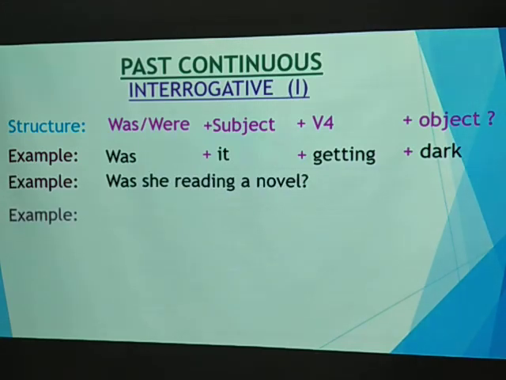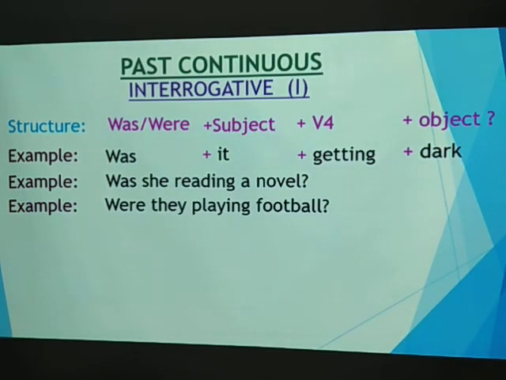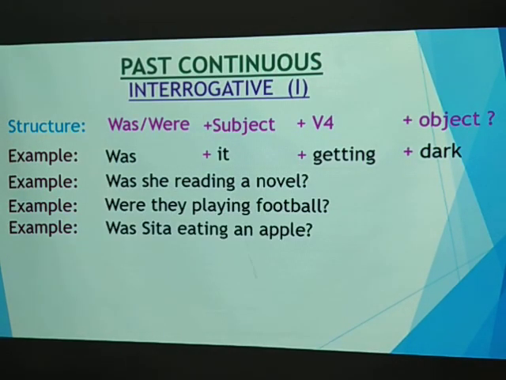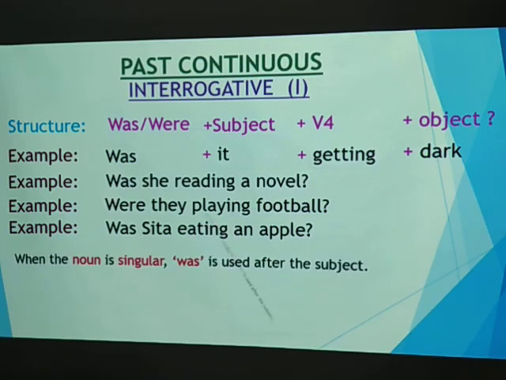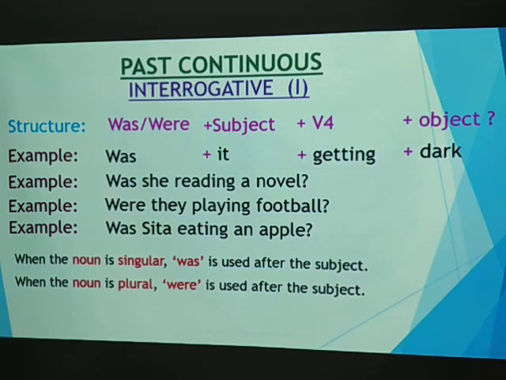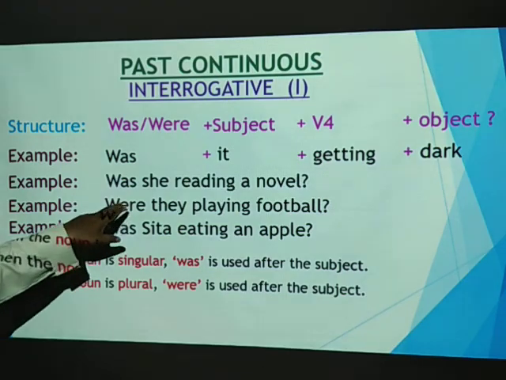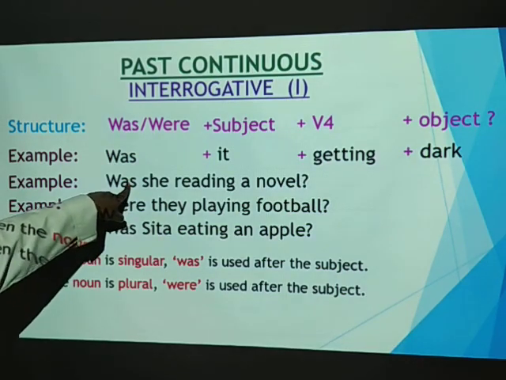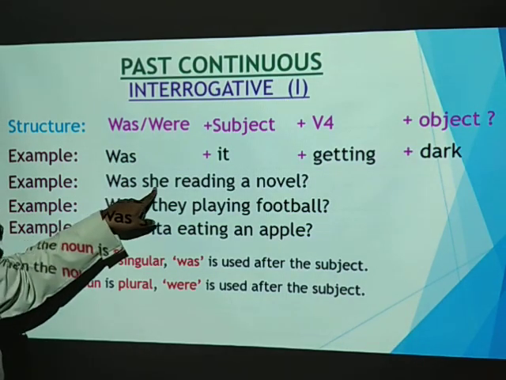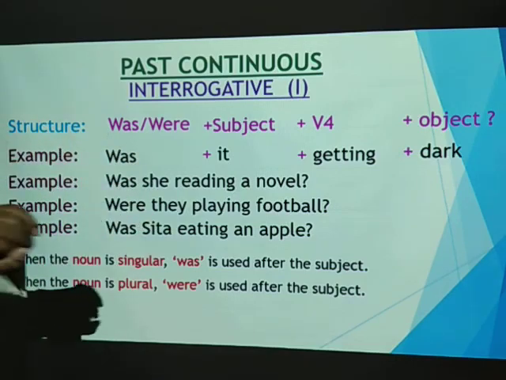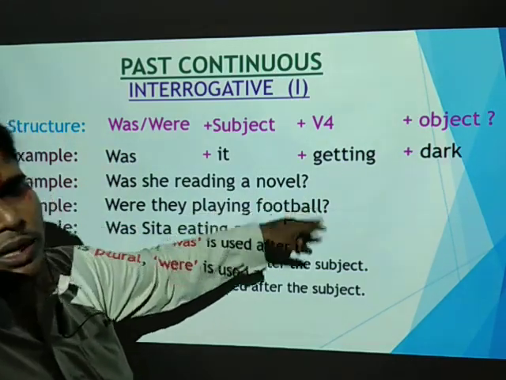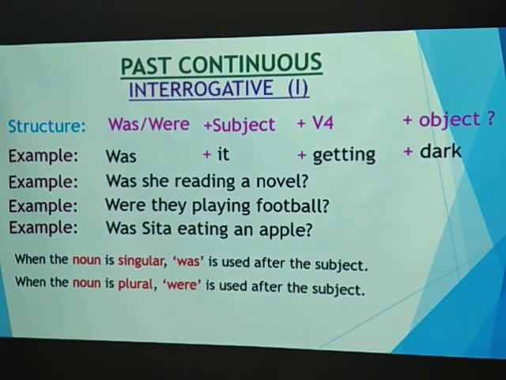Was she reading a novel? Were they playing football? Was Sita eating an apple? Nothing changes. Just the helping verb and the subject have interchanged their places, and a question mark has been added to the end of the sentence, and the sentence changes to past interrogative in continuous form.